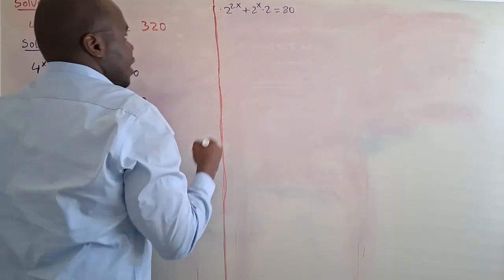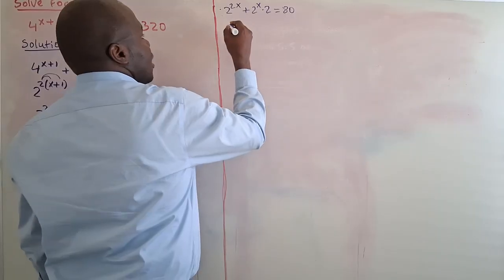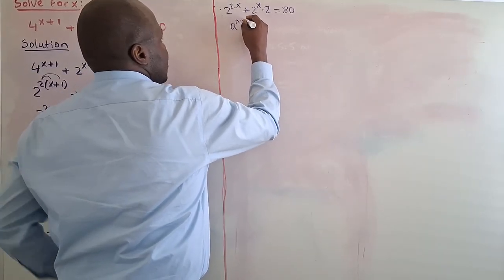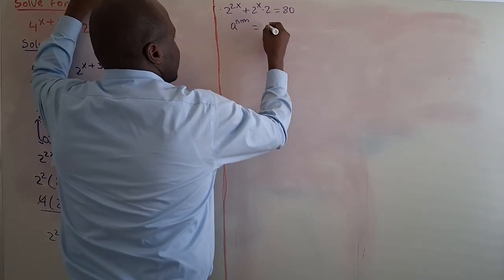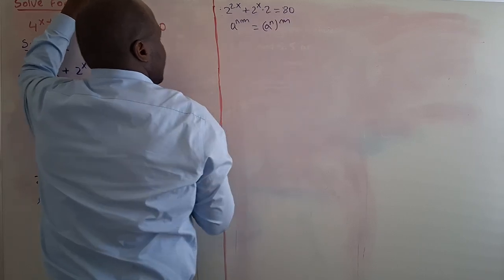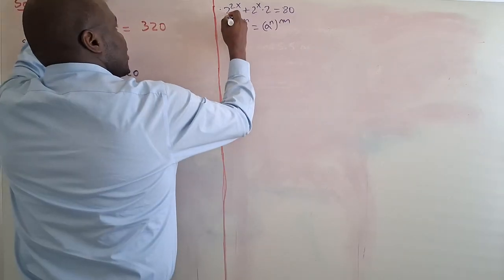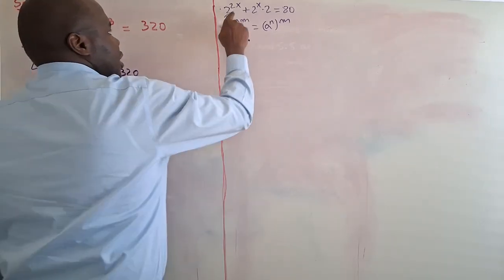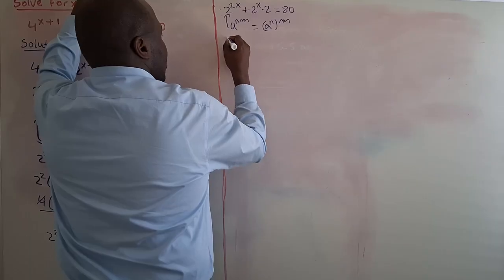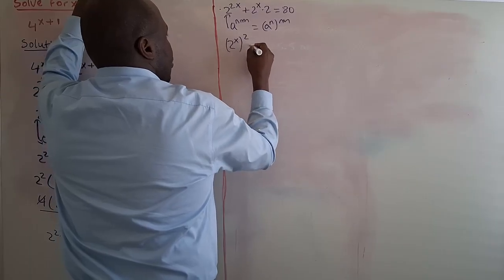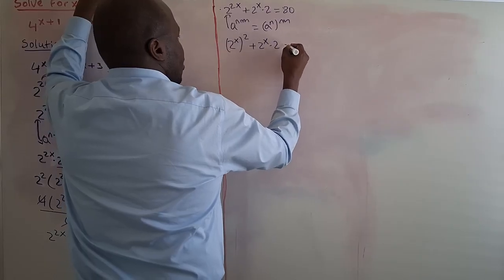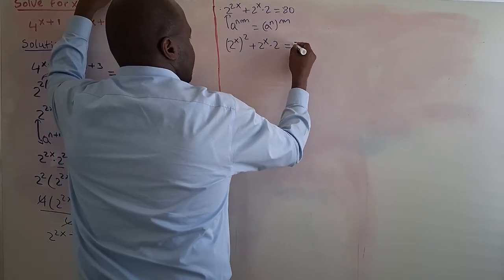Now, there's an exponential rule that says a to the n times m equals a to the n raised to the m power. So we're going to apply this rule to this exponential right here. So we're going to say that we have 2 raised to the x power squared plus 2 to the x power times 2 equals 80.